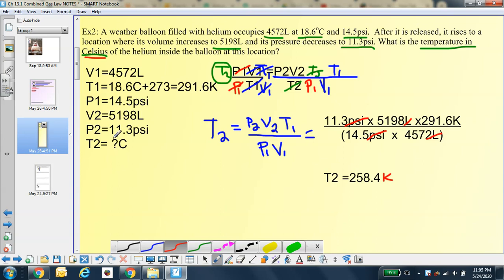How do I get it into Celsius? Well, to go from Celsius to Kelvin, I add 273. Go from Kelvin back to Celsius, I have to subtract 273. And this is going to give me a negative number. Negative 14.6 degrees Celsius.